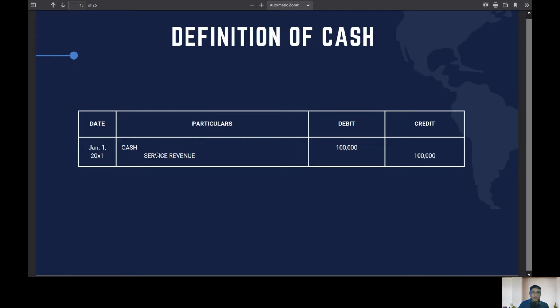So the company's cash would increase: debit 100,000 and the corresponding credit 100,000 for service revenue. When I say corresponding, it is not really just service revenue. It depends on which industry the company is in. After that, we now know what cash is and how to simply journalize or record cash transactions.